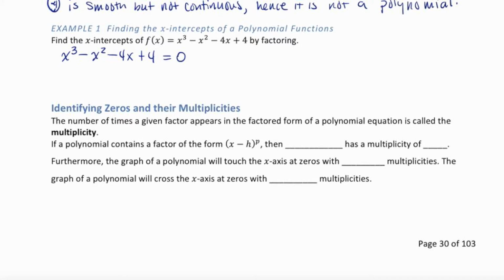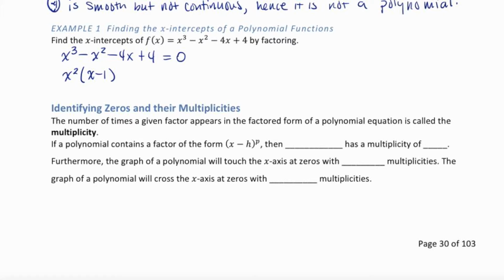Now we can factor by grouping this group and this group. This first group has an x squared in common. So we have x squared, and we are left with x minus 1. We have just undone the distributive property. If we multiply this out, we'd end up with an x cubed minus x squared. Let's do the same thing to the second group.